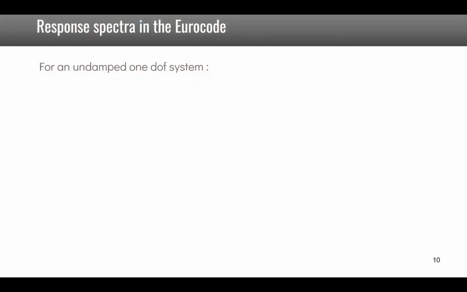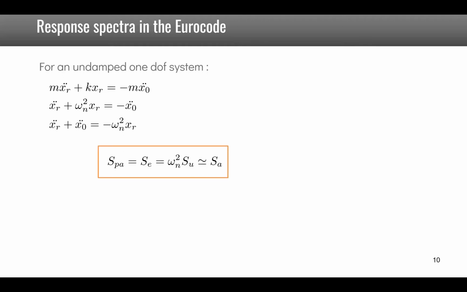Now, if we look at an undamped 1-DOF system, these are the equations of motion for base excitation, and if you divide by m, you obtain the following equation, so that the total acceleration x_r dot dot plus x_0 dot dot is equal to minus omega n squared times the relative displacement.